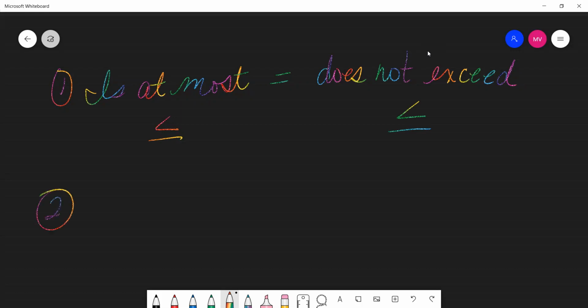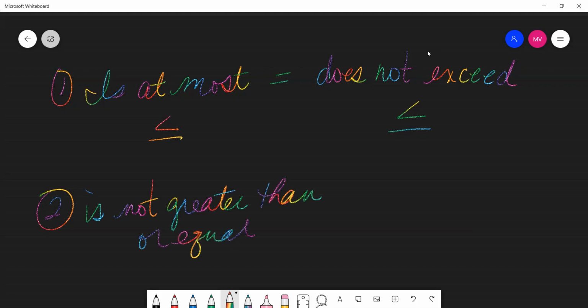Number 2 is "not greater than or equal to." Therefore, it must be what? "Is less than." Right, that's that negation.